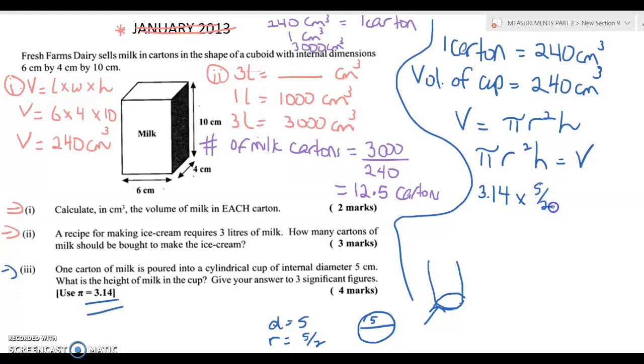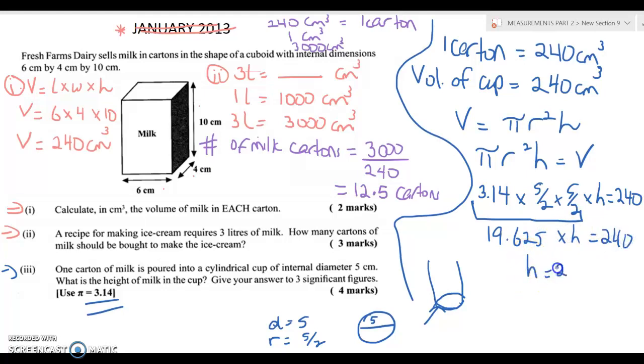So 5 over 2 times 5 over 2 times h, and that's equal to 240, which is my volume. And now we're just going to simplify that, work it out. So when we multiply this, we get 19.625 times h equals 240.